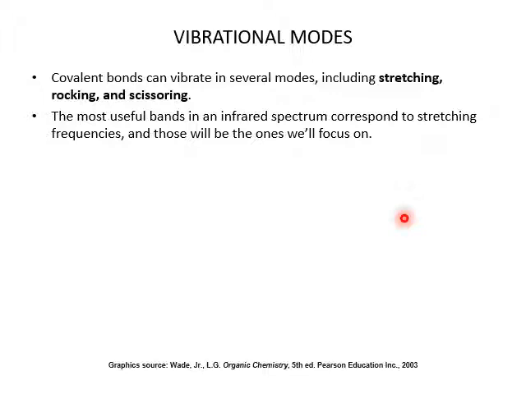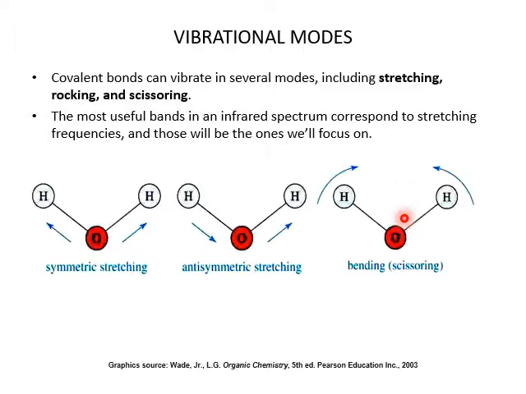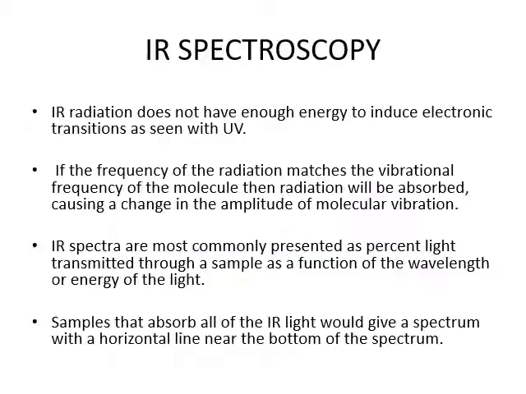Covalent bonds can vibrate in several modes, including stretching, rocking, and scissoring. The most useful bands in the infrared spectrum correspond to stretching frequencies, and those will be the ones we'll focus on.